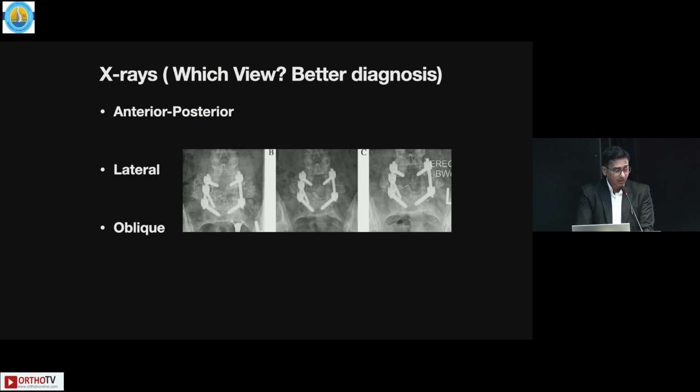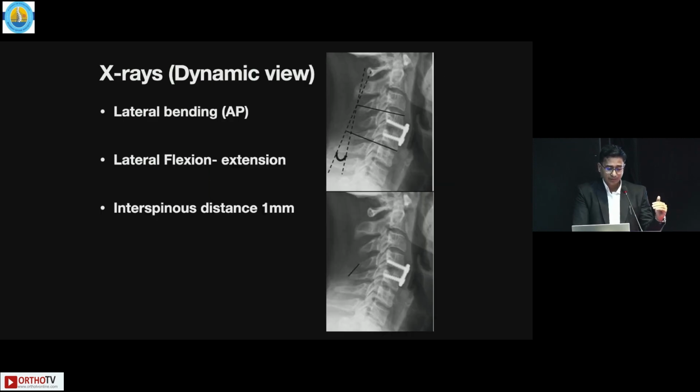But the AP view is the better view for posterior lumbar interbody fusion. When we attempt to look at PLIF or TLIF or interbody fusions, we should be looking at a lateral view, or an oblique view when we attempt to look at both the posterolateral as well as the anterior fusion. So each view has a different application.